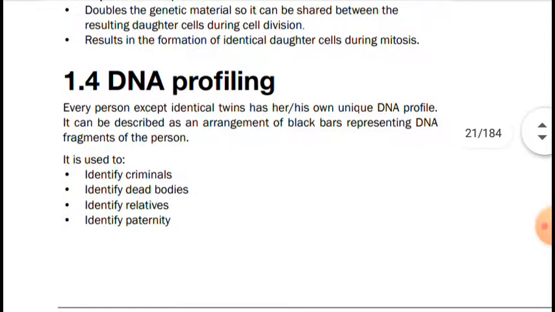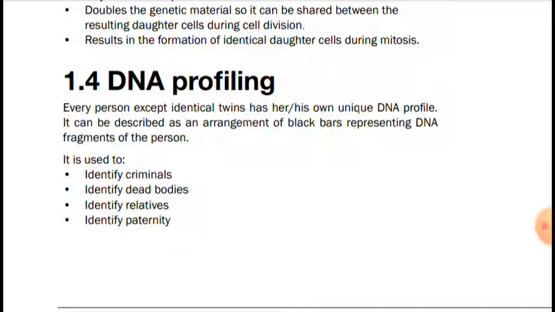Every person except identical twins has his or her own unique DNA profile. It can be described as an arrangement of black bars, actually lines, on a given paper.